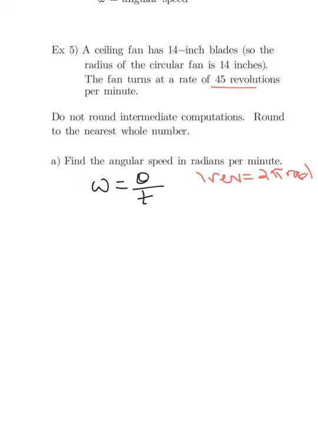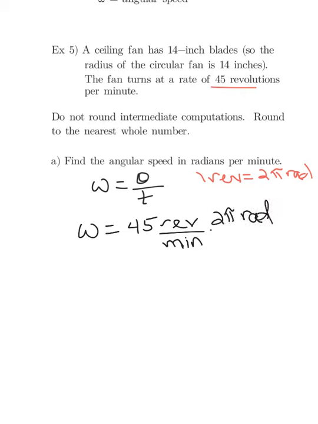So for omega, we take 45 revolutions per minute times the 2 pi radians, because we are doing 45 of those 2 pi's. And when you say of like that, you multiply. As soon as you take revolution times radians, revolution goes away. So what we now have is 90 pi radians per minute.